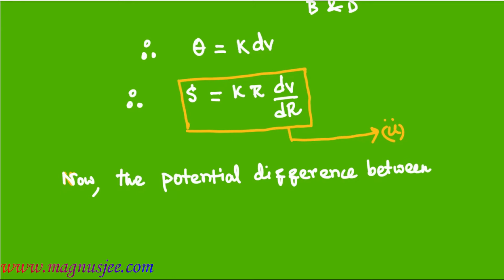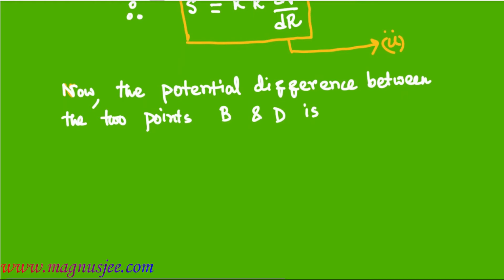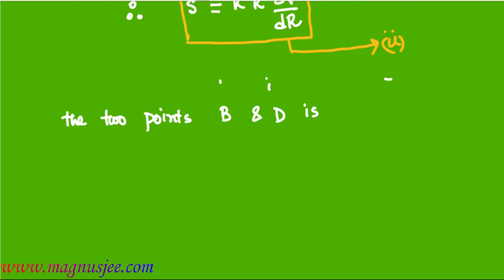For that, first we shall find the potential difference across the resistance Q, potential difference between the 2 points B and C. So we have to remove this portion because it is incorrect. We have to find the potential difference between the 2 points B and C, not B and D. Erasing this part, this portion, and we have to write again.